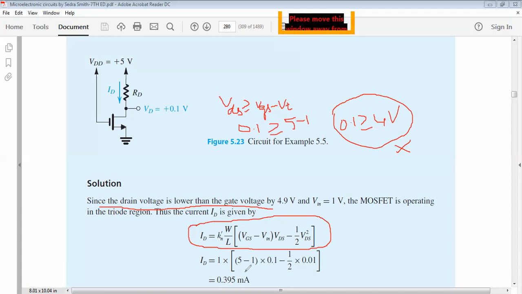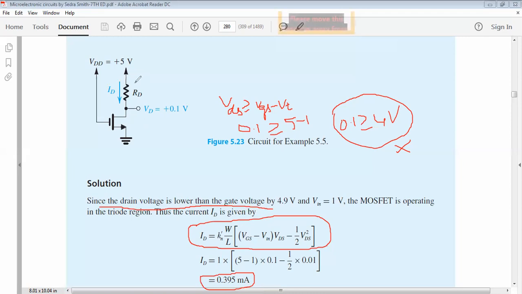Simply substitute all these values, then find ID. Then ID is equal to 0.395 milliamperes. First of all, calculate the drain current.